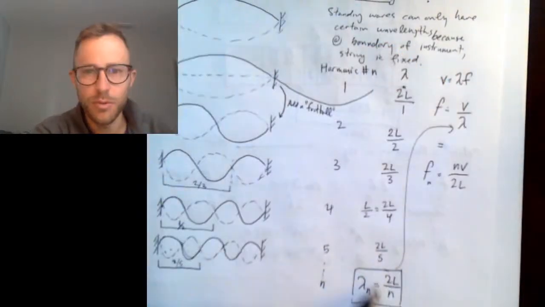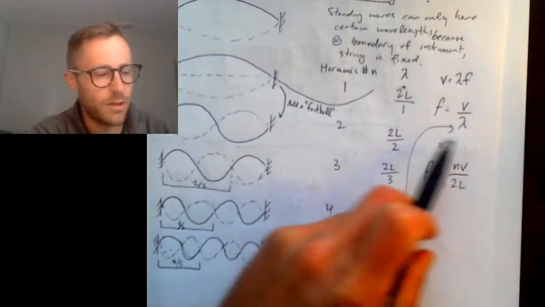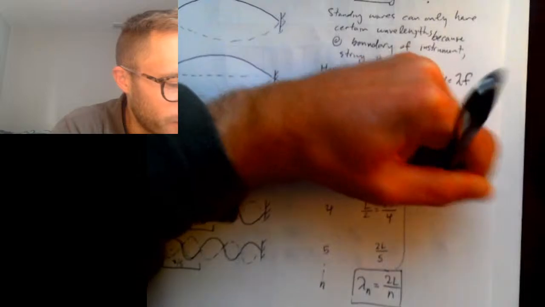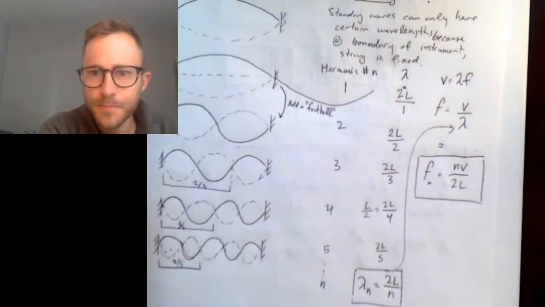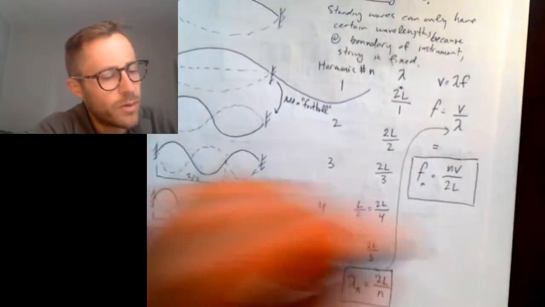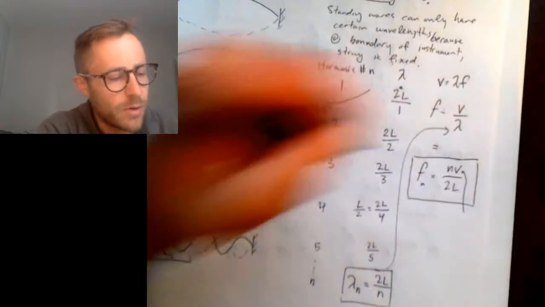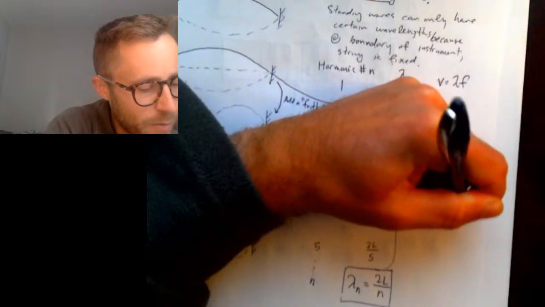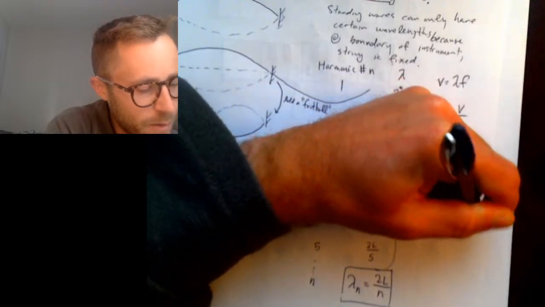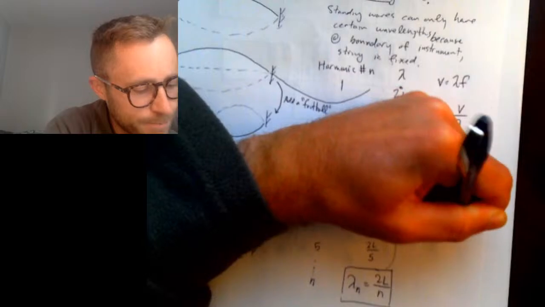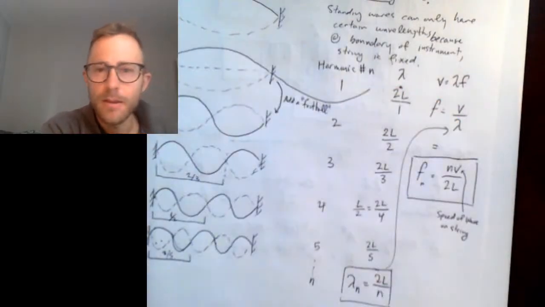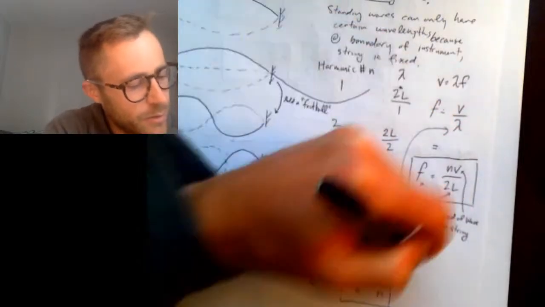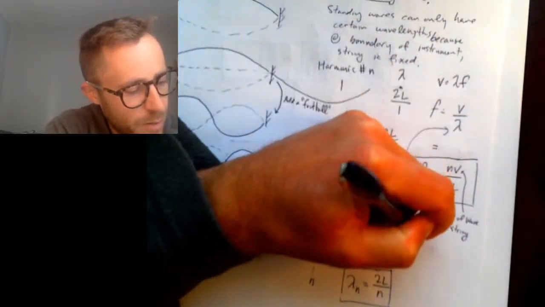So again, I just plugged in this formula for the wavelength into there, and I get the frequency of the nth harmonic. All right? So this velocity is the speed of a wave on the string. Okay? And this L is the length of the vibrating portion of the string.